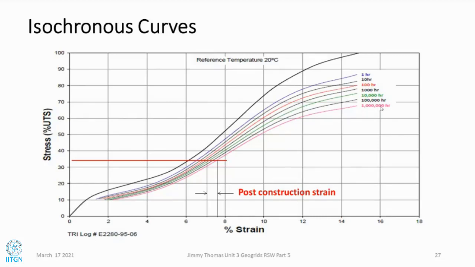Normally for a bridge, design life is say 100 or 120 years. So from here to here, what is the post-construction strain? We can say it is around 0.6% or something like that, whereas our allowable limit is 1%. So this is safe. Accordingly, we can check for the post-construction creep strain.